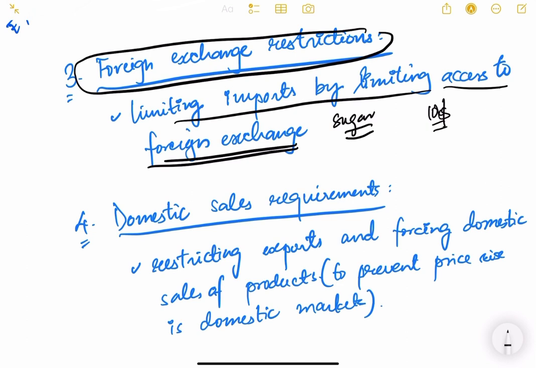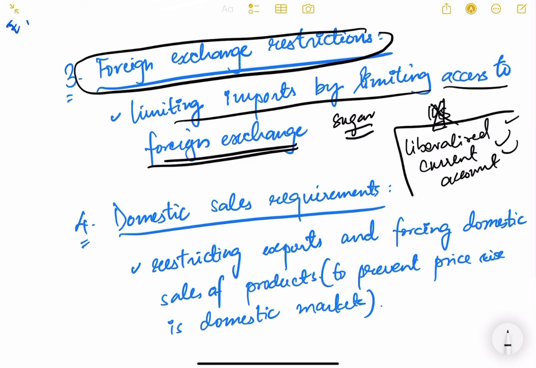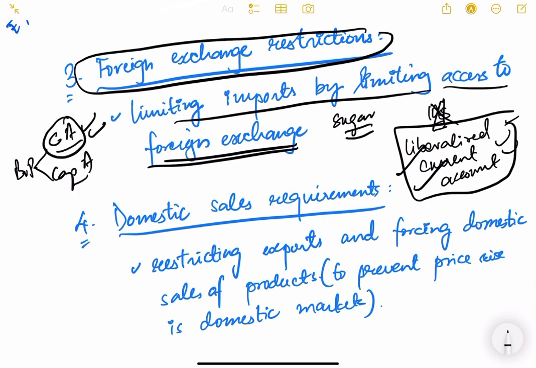So a country cannot do that. There has to be a completely 100% liberalized current account, and it is already there in India. We have seen in balance of payments there are two accounts, current account and capital account. So current account has to be 100% free, so that is there.